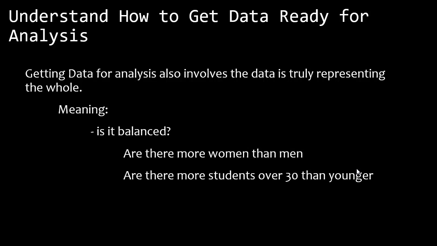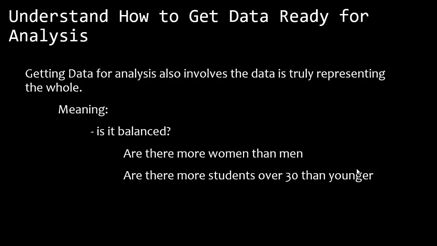When we talk about balance, are there more women than men in the data that we're pulling over? Is that a true representation of the situation? Are there more students over 30 than younger? Now, maybe that's the case, but the data we're pulling over might not be balanced. Maybe we're just pulling over a few of the records. We need to make sure it's representative of the whole.